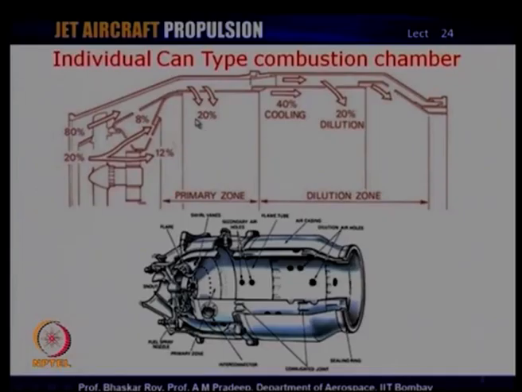Now, once the fuel is burnt and the primary gas is created, an excess of 20% of air is allowed to be brought inside the combustion chamber from the bypass system. So, the can has a bypass system, and from that bypass 20% comes in here, then 40% comes in through various other means, and 20% more comes in in the last stages, which is the dilution zone, often referred to as secondary, and finally, the tertiary zone, in which more air comes in.